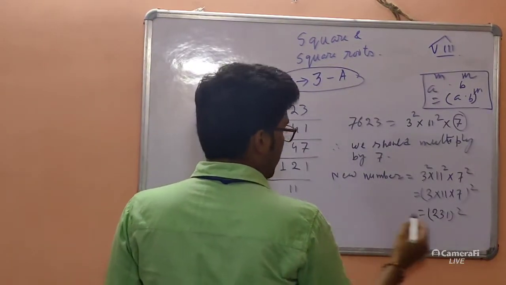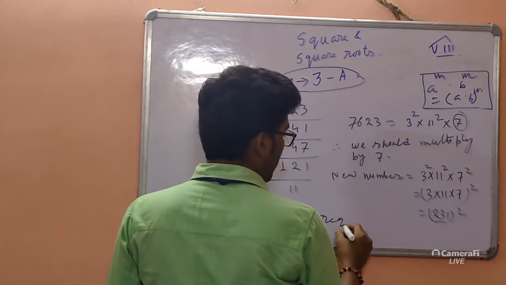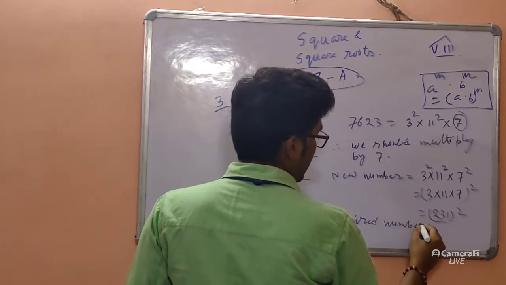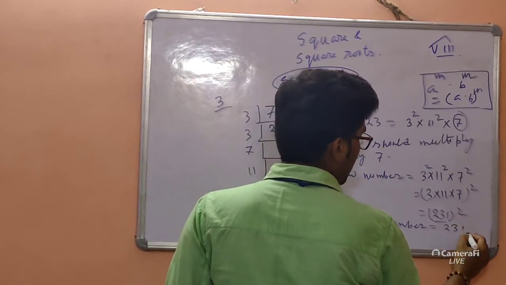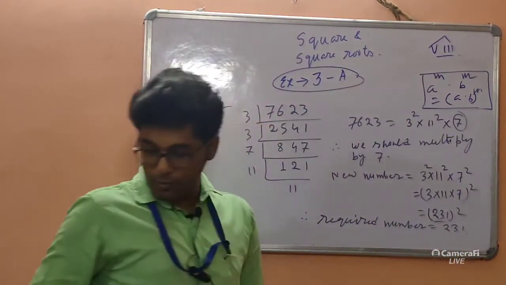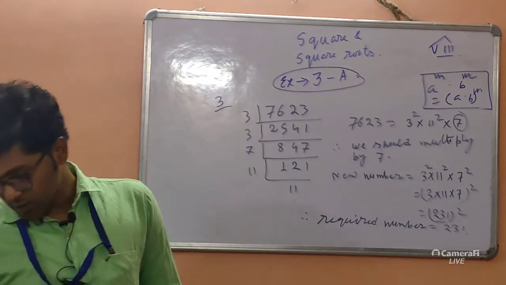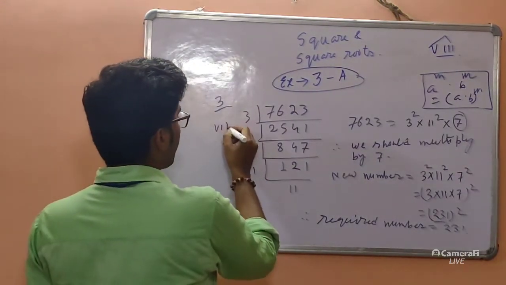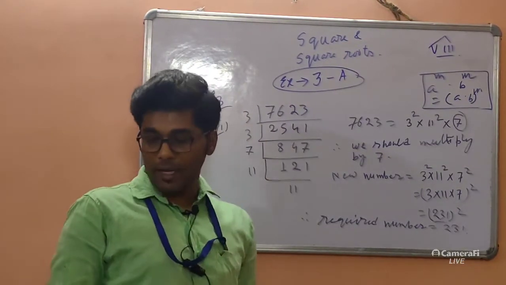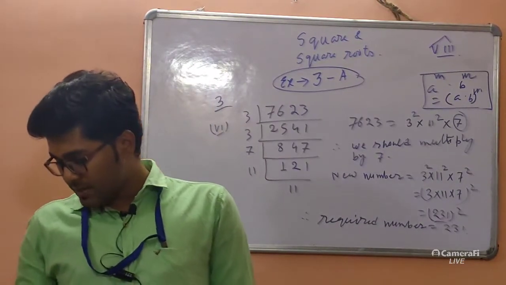So this is the required number, therefore the required number is equal to 231. So each and every sum belongs to the same process. This was question number 6. Okay, clear? So the remaining sums will be solved by a similar method.